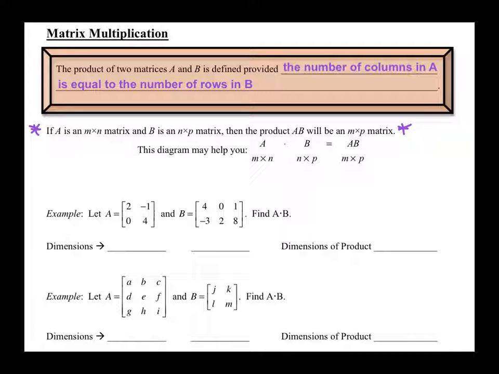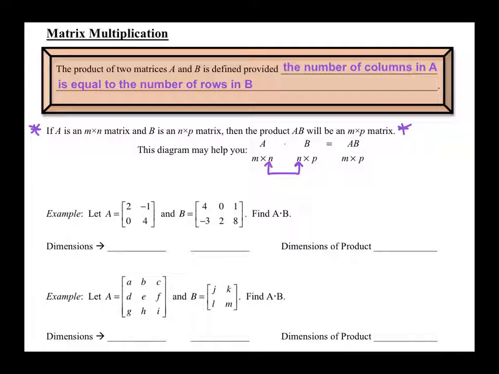If you look at the little comment below here, it says if you have one matrix that's an M by N and another matrix that's an N by P, the reason you can multiply them is because the columns in the first matrix match the rows in the second matrix.